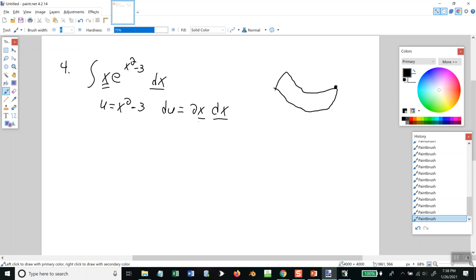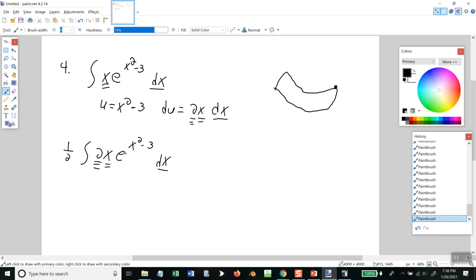Here's an x, here's an x. The thing that's missing is the 2, so that's easy. We can put a 2 in there. Now, this would match, this would match, and that would match. How do I offset the 2? Yeah, half out in front.